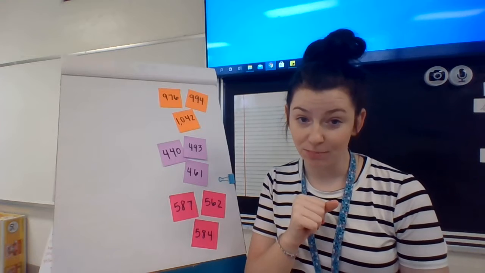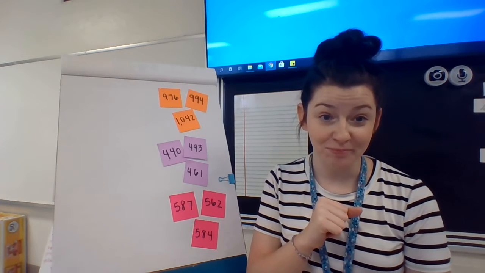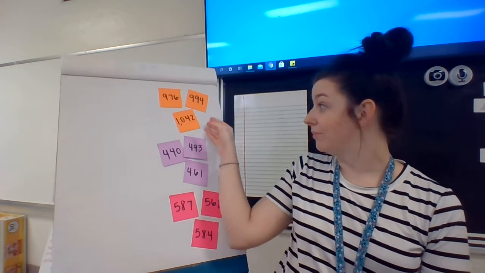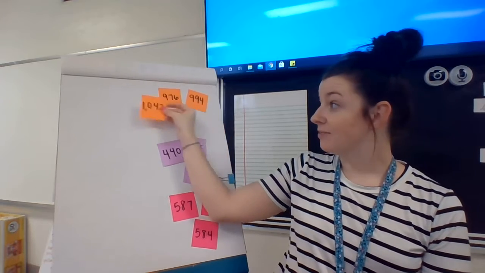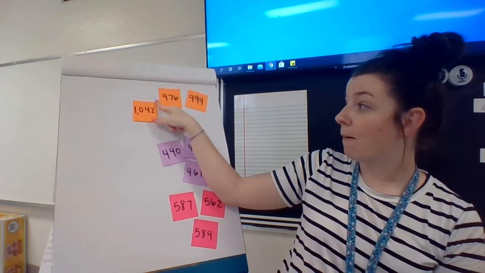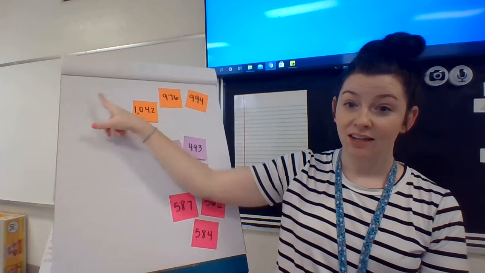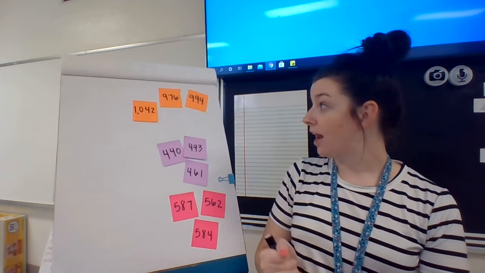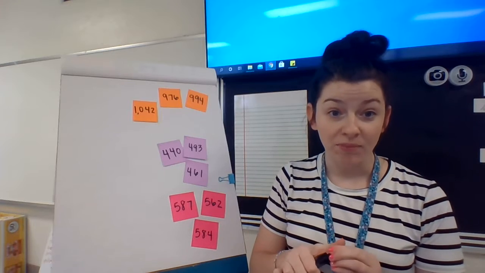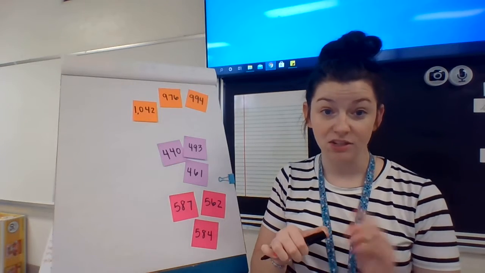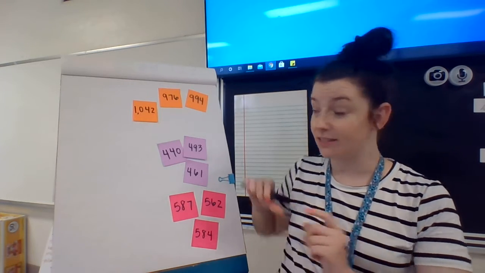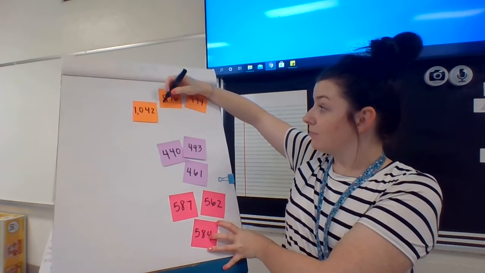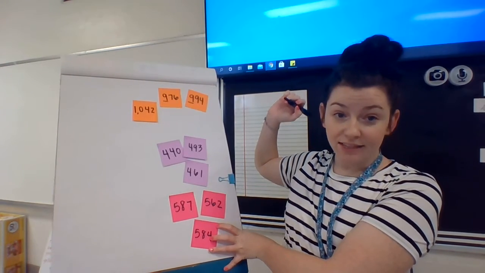I can tell you the biggest number, right? Can you tell me the biggest number? It's the 1000 number. So it's going to go last in our list. But I need to put the smallest, then the next one, then the biggest. So if I'm looking at 976 and 994, I can compare them to find the smallest, just like I've been doing for my comparisons. So if I look at my hundreds, they're both 9s.